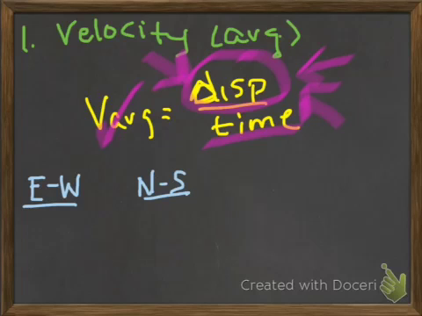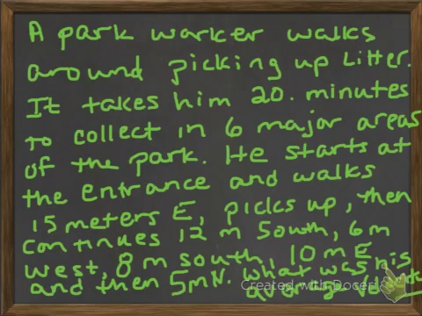So here I've set up my table. Now let's go back to the problem and let's identify all of his movement. So here we have an east. So we got 15 meters east. Here we have a west, 6 meters west. And then we have a south, and then we have a 10 meters east, and then a north. So 3 of our directions are in the west-east.